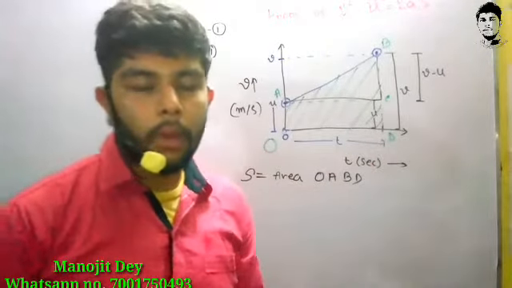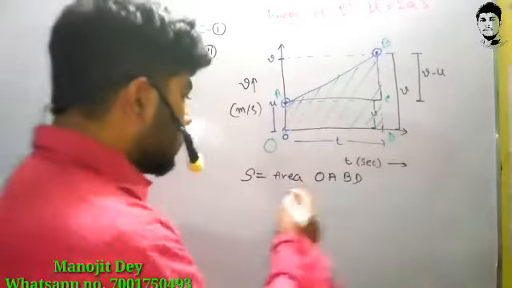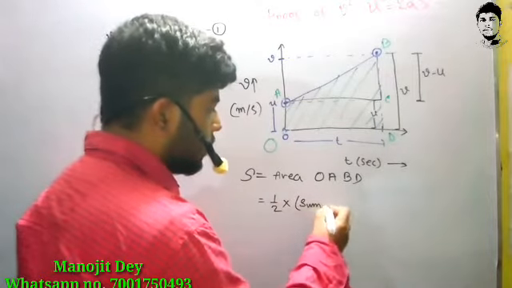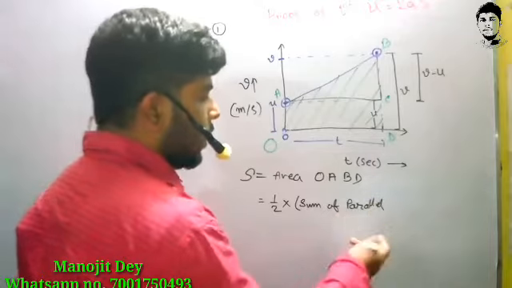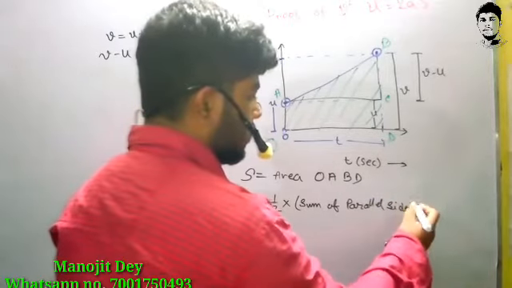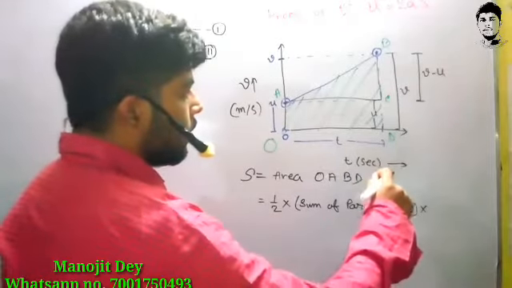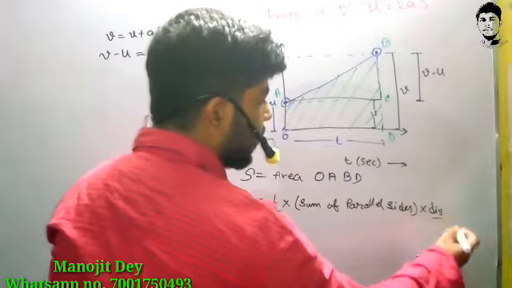So what is the formula to calculate the area of a trapezium? The formula is half into the sum of parallel sides into the distance between the parallel sides.